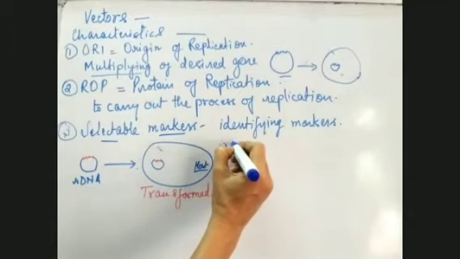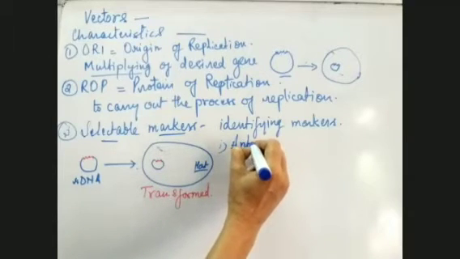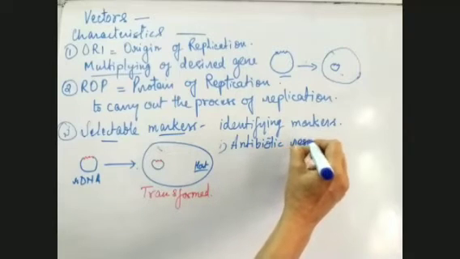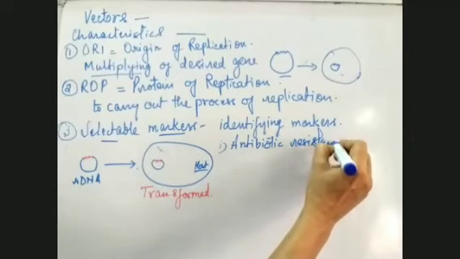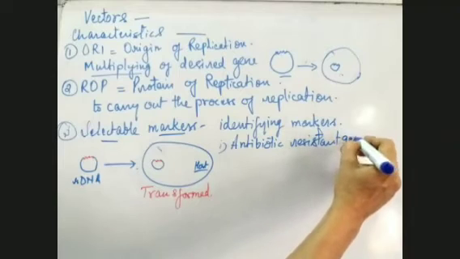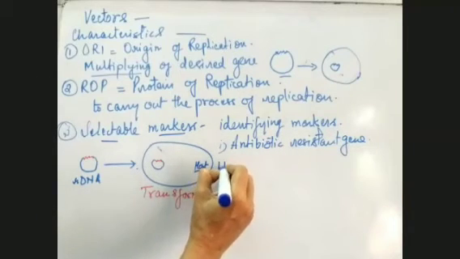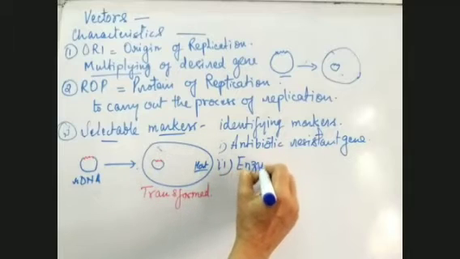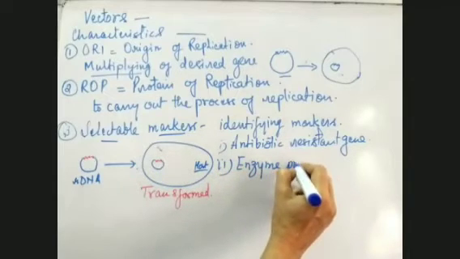The first type is the antibiotic resistant marker, where an antibiotic resistant gene is introduced. And the second is the enzyme producing marker, where an enzyme producing gene is introduced.